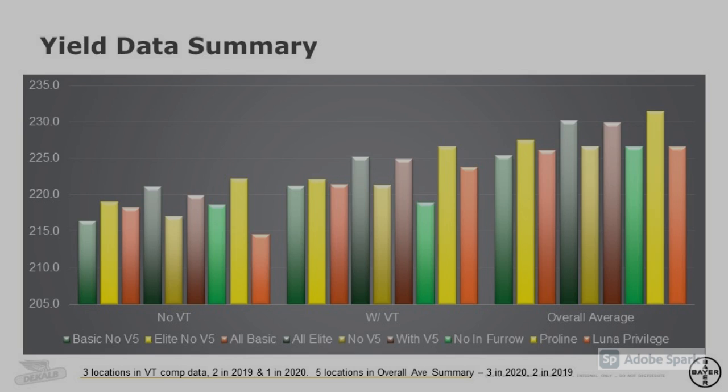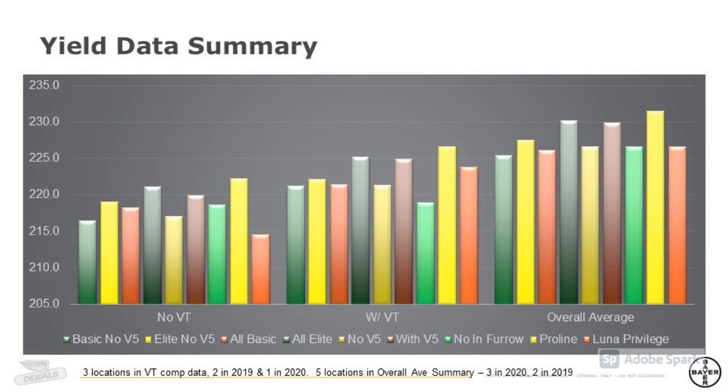In this slide, I've got 3 different buckets of data depicted in the bars. You see the no VT there on the left, the with VT in the center. So those 2 are the data comparisons of 3 different locations across the 2 years. And the only difference between those groups of bars is the VT fungicide application.